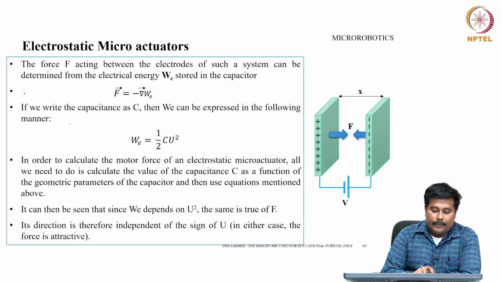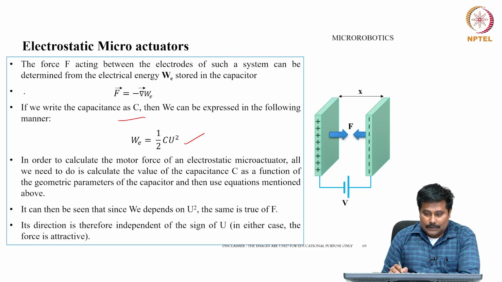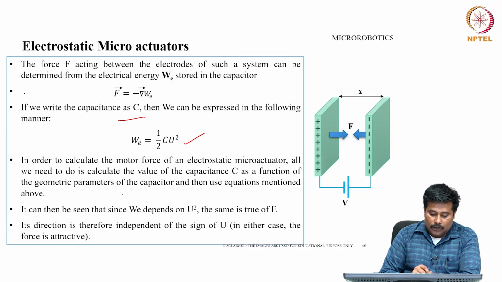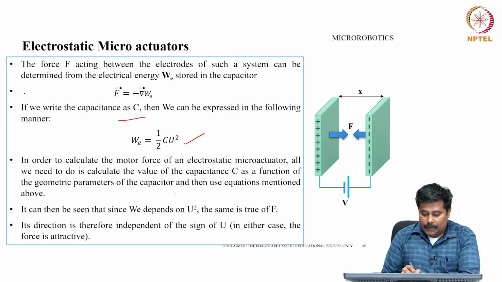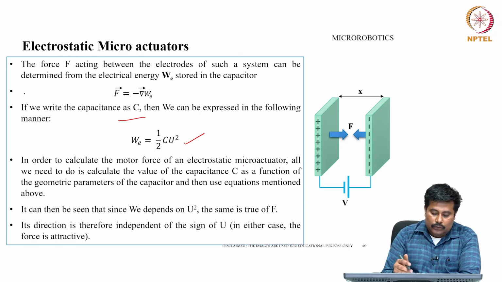If we write the capacitance as C, then We can be expressed in the following manner. In order to calculate the motor force of an electrostatic microactuator, all we need to do is to calculate the value of the capacitance C as a function of the geometric parameters of the capacitor, and then use this equation for understanding the behavior.